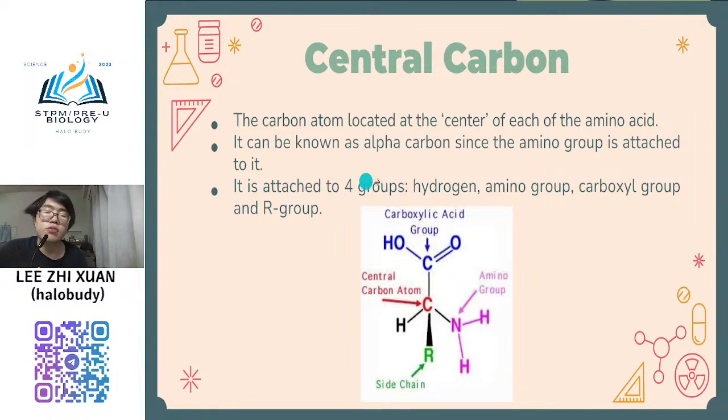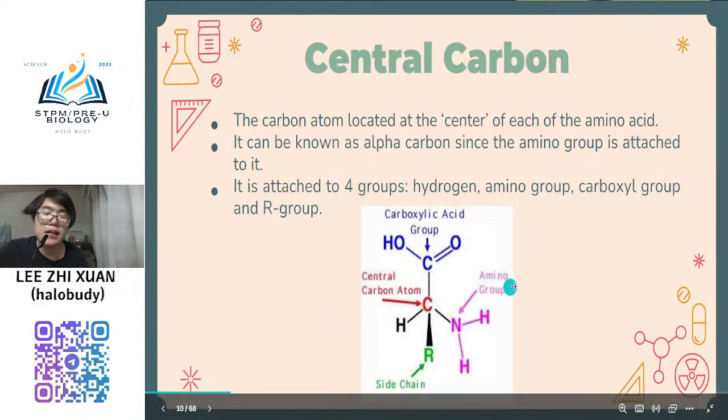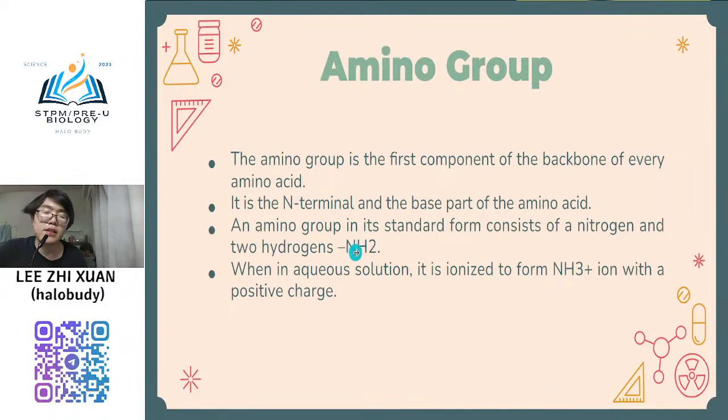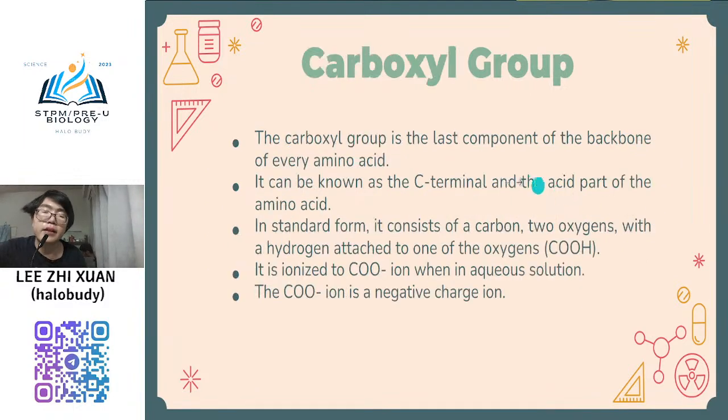Normally we call this the alpha carbon since it is at the center of the amino acid. The amino group is NH2 and the carboxyl group is COOH. When you talk about the N terminal and C terminal, the N terminal is the amino group, and the C terminal is the carboxyl group of the amino acid.